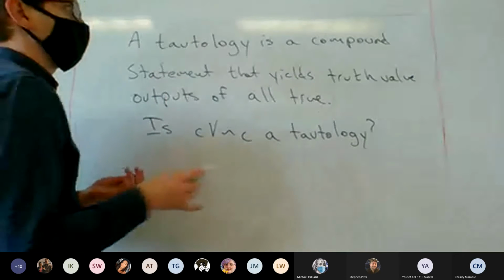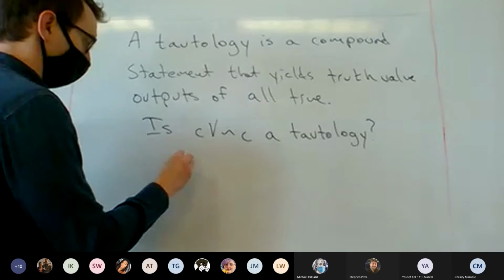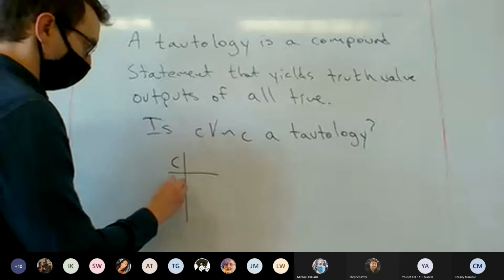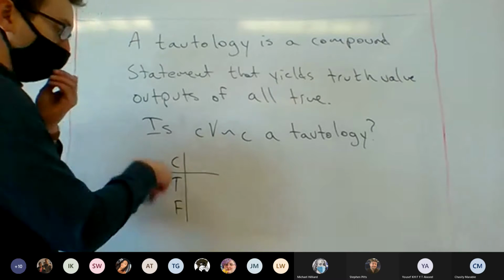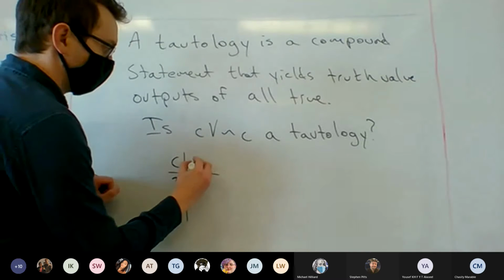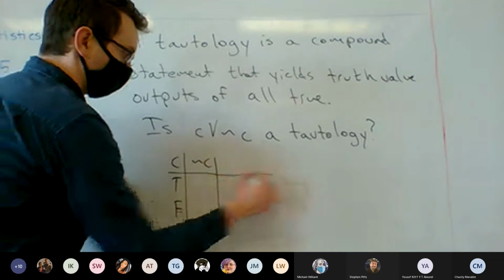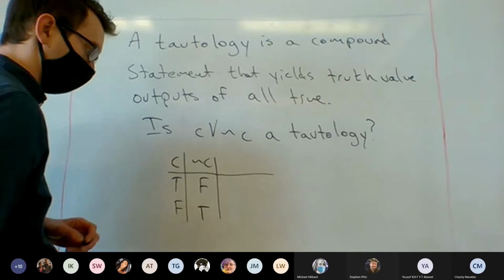But how does that look in a truth table? Well, if I've only got one letter, my truth table is going to be very nice and compact with just two possible combinations, true or false. I don't have another letter. That's my base column. I also need to consider the negation of C, which is just going to be this column flipped.